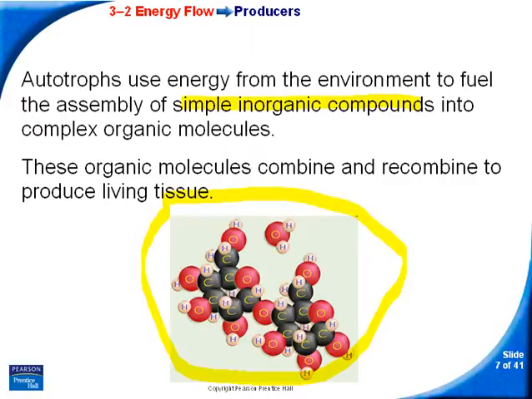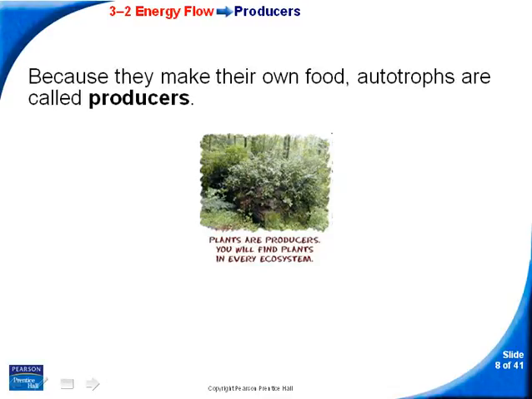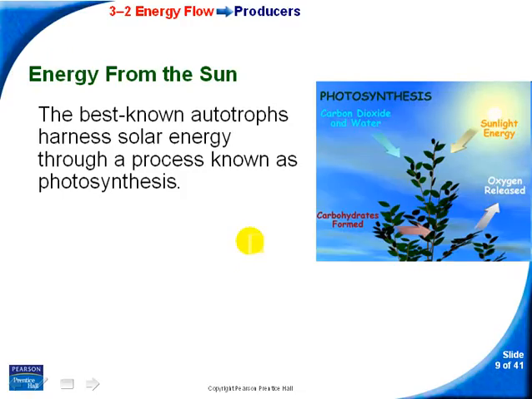And they can combine and recombine these organic molecules to produce living tissues such as skin or organs. These organisms make their own food, so they're called producers. And plants are the producer you're probably most commonly familiar with.